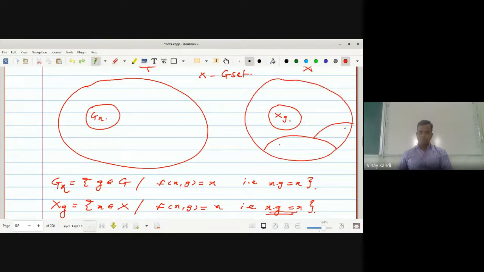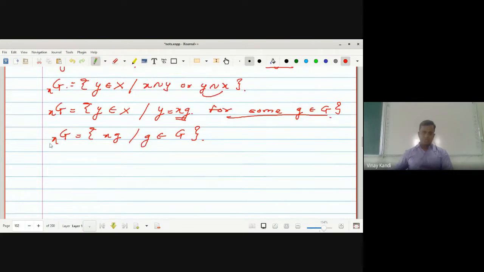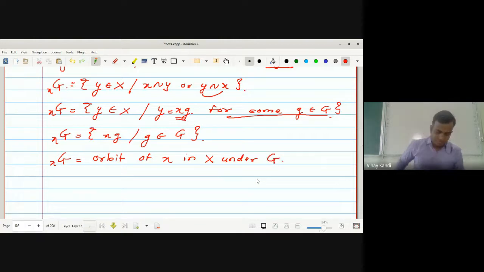This set xg is the orbit of small x in capital X under capital G. Hence the equivalence class containing x belonging to capital X is the orbit of x.